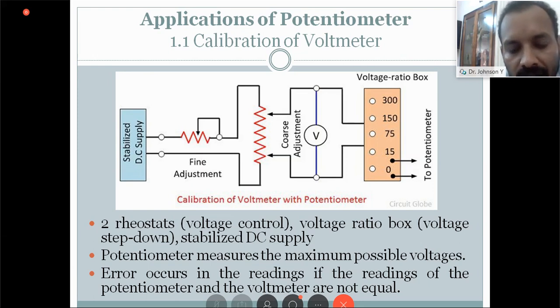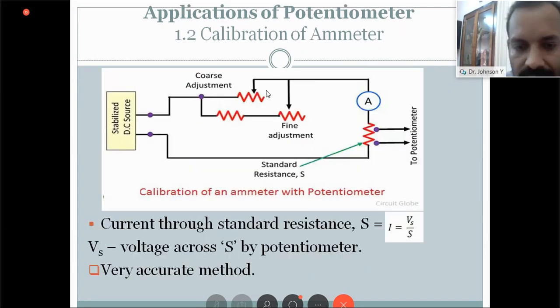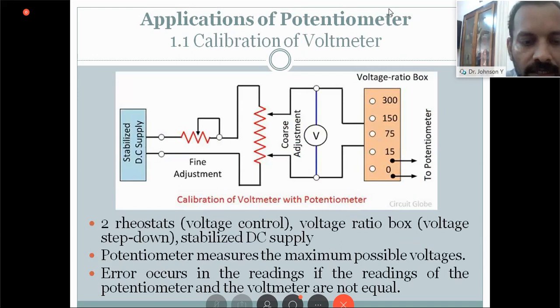How to calibrate a voltmeter? First, we need a stabilized DC supply. There is some resistance used for fine adjustment and another resistance for coarse adjustment, so that a constant, stable voltage is available.